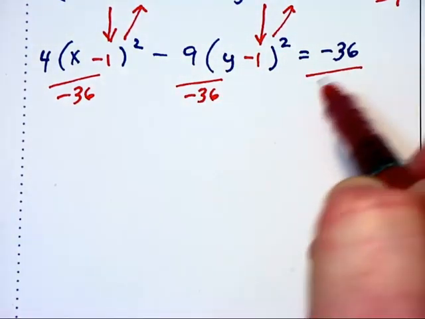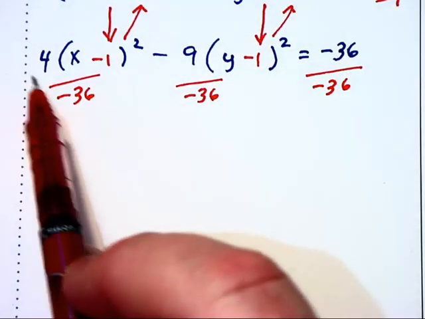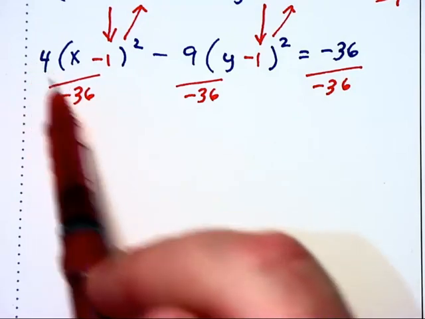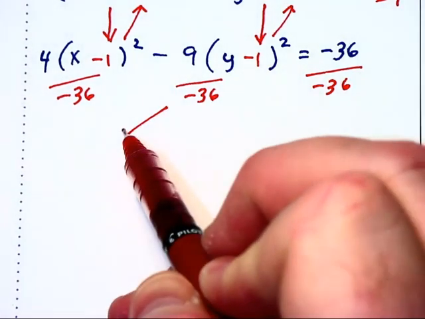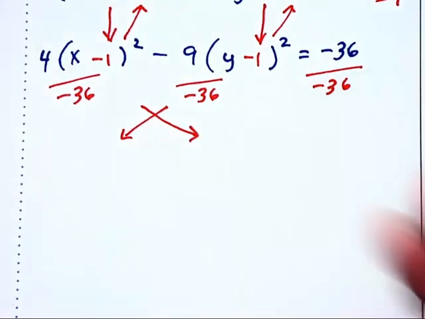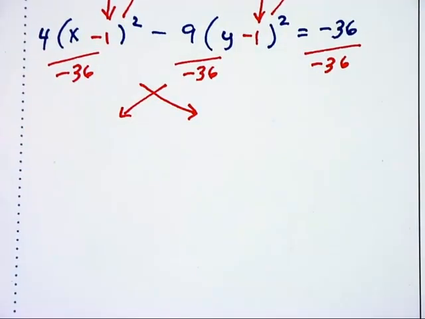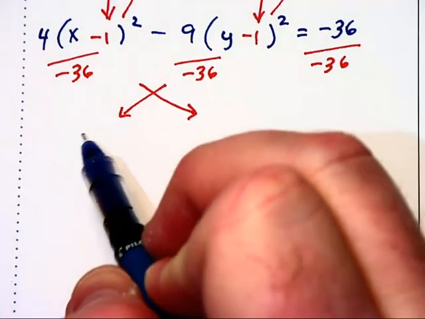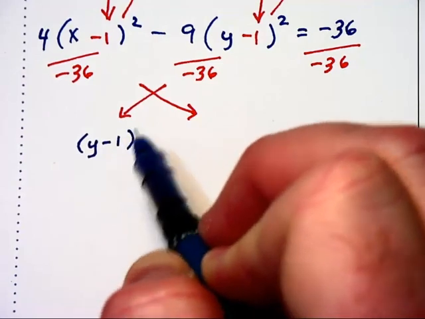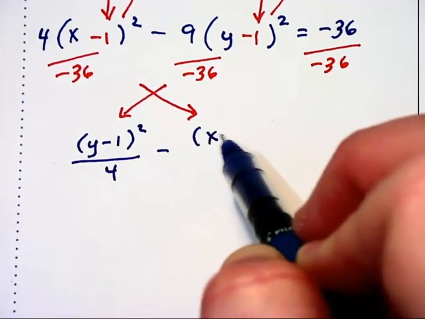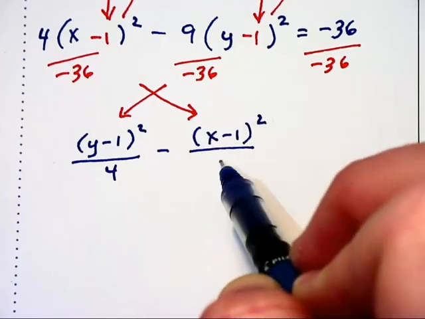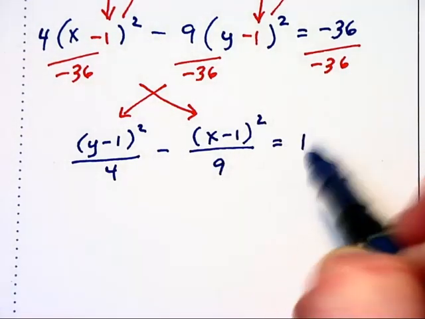In doing so, the first fraction becomes negative because 4 over negative 36 is negative, and the second fraction becomes positive. We want our positive leading coefficient, so we're going to rearrange this in standard form so that the y's are listed first. This is going to become y minus 1 quantity squared over positive 4 minus x minus 1 quantity squared over 9 is equal to 1.